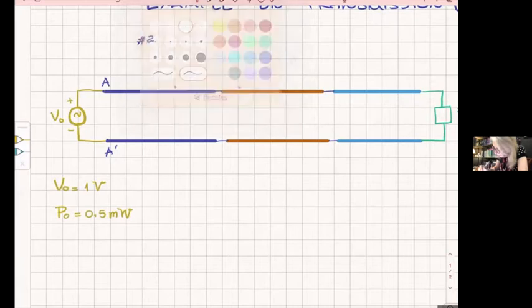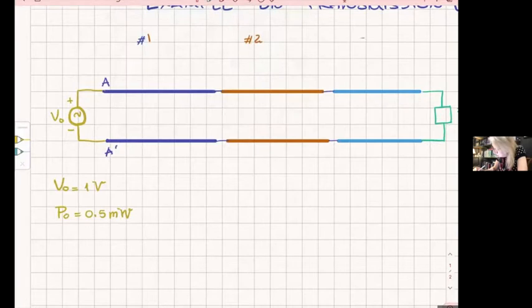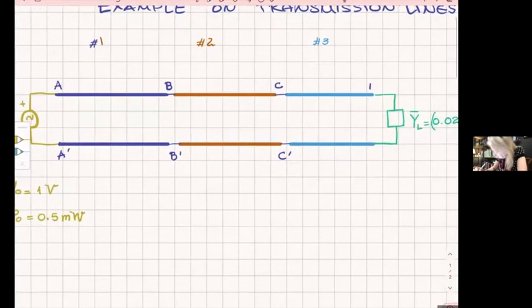Line number 2. And line number 3. And then here you have BB prime, CC prime, and then D prime.